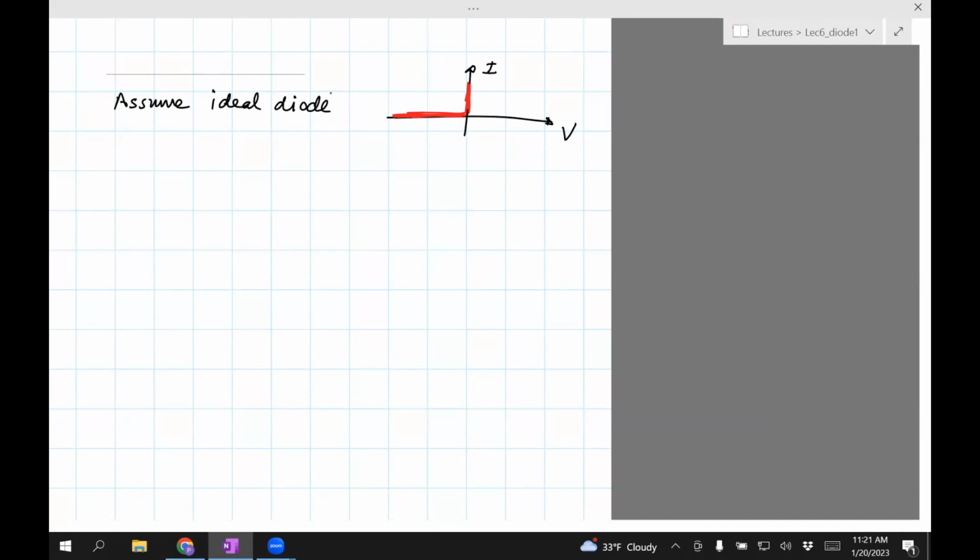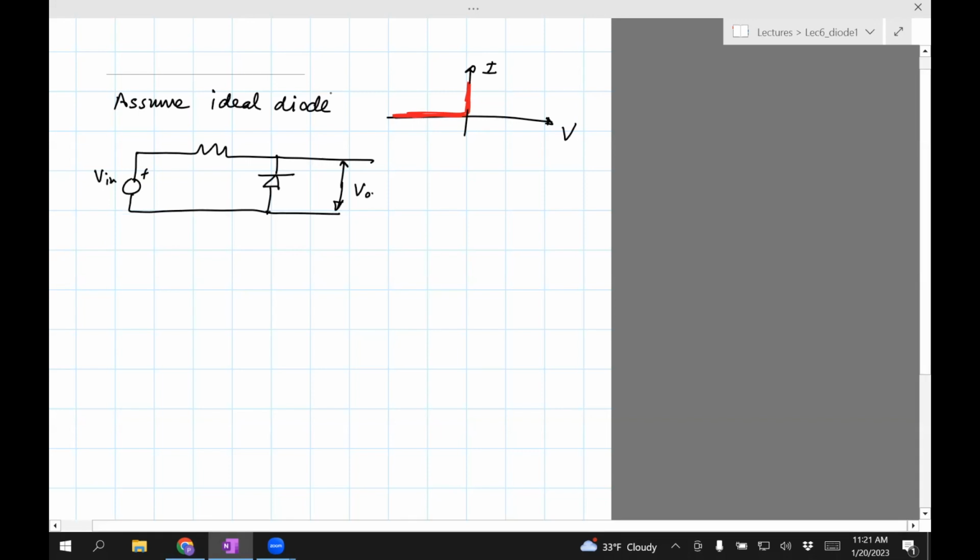Okay, so the circuit, let me draw it here again. V in. V out.